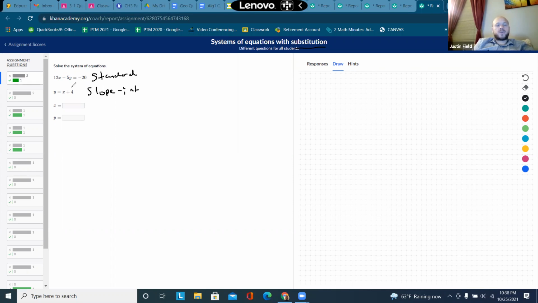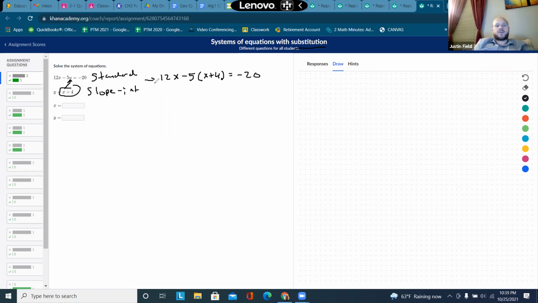The first thing we do is circle the mx plus b of the slope-intercept and substitute it into the y variable of the standard form equation. So instead of y, I'm going to write x plus 4, because that's what y equals in my second equation.